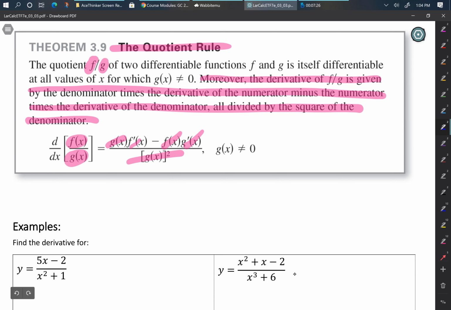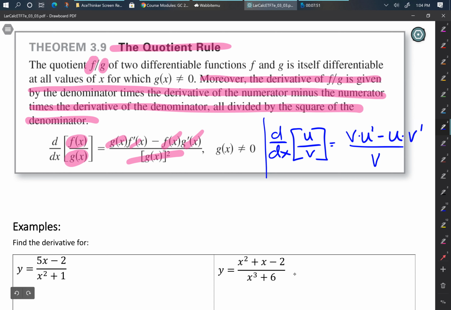Now, the same problem we run into with this one that we ran into with the f's and g's in the product rule. So you will sometimes see it written like this: u divided by v. Bottom, derivative top, minus top, derivative bottom, over bottom squared.